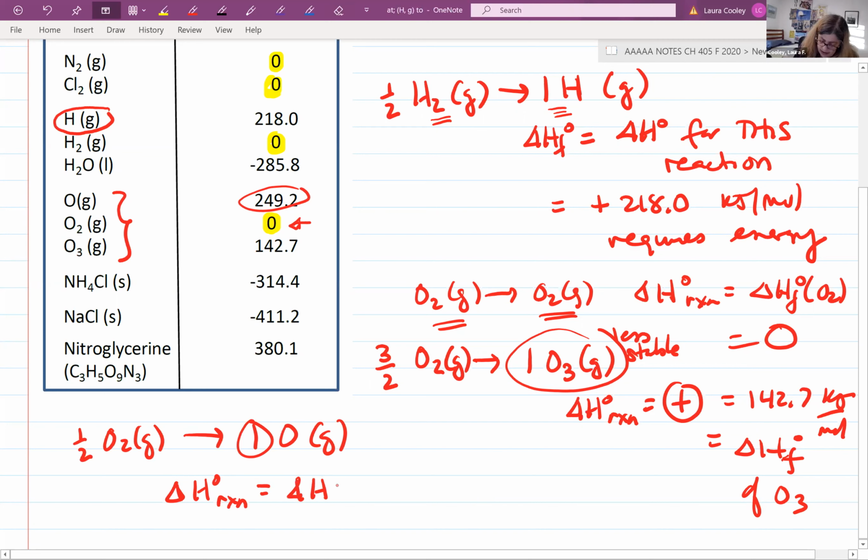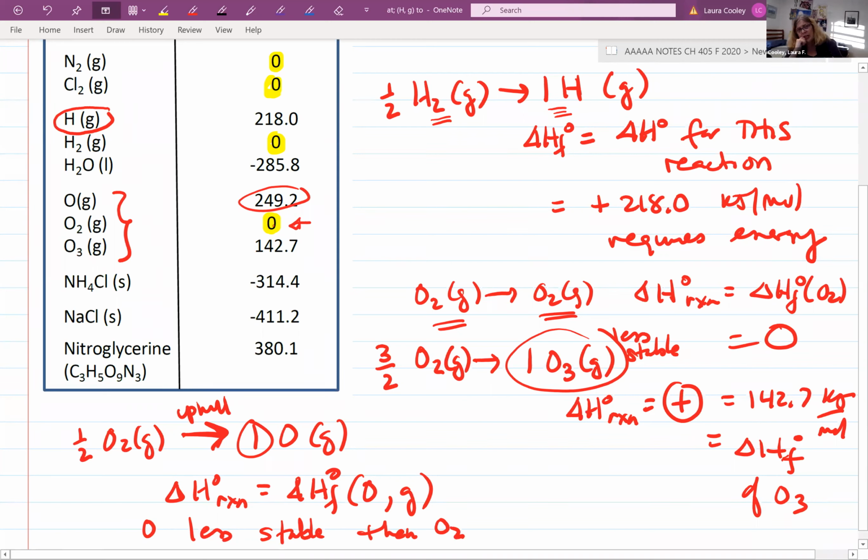This is the delta H_f^0 of O gas, the delta H for this reaction, and it is uphill because O is less stable than O2 to the tune of 249.2 kilojoules per mole. Okay.